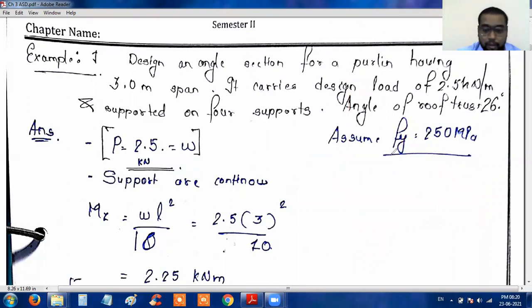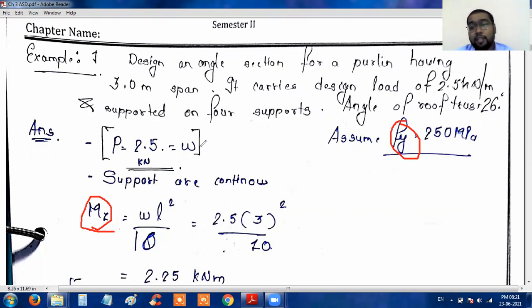Then here Fy means yield stress is not given. If in example, whenever the yield stress is not given, then take it as 250 kilopascal. Mz means moment in z direction. Here the supports are continuous. Then the Mz is found from the formula WL square by 10.